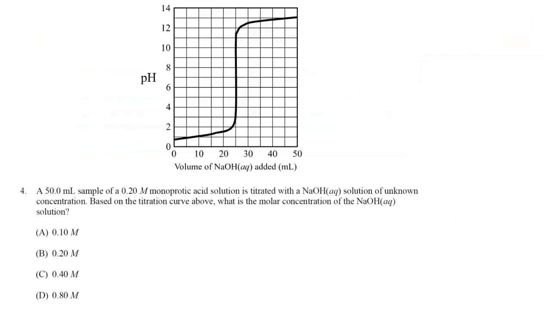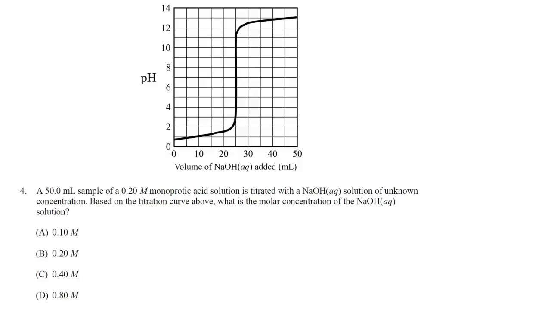But as you can see in the information for question 4, we are given a titration curve, and clearly there's going to be some calculations involving moles and molarity. So I'll go ahead and read question 4. It says, a 50.0 milliliter sample of a 0.20 molar monoprotic acid solution is titrated with a sodium hydroxide solution of unknown concentration.